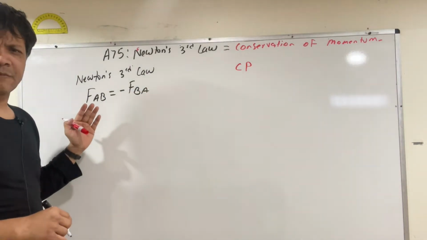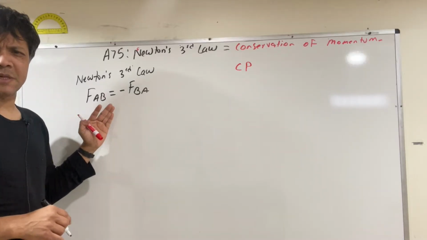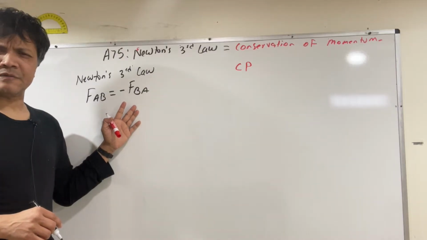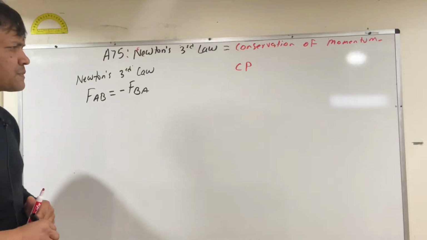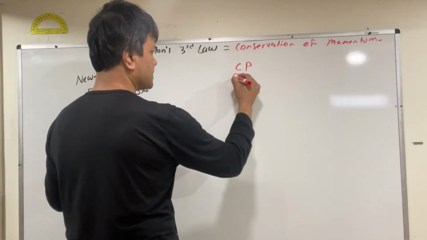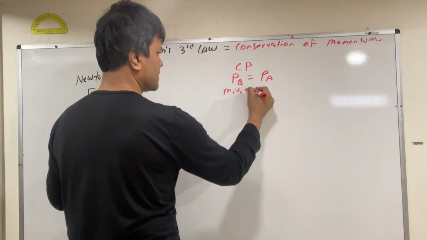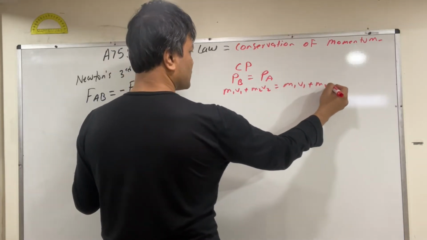The force acting on object A due to B is equal in magnitude to the force acting on B due to A, but opposite in direction. And this one also looks the same: momentum before is equal to momentum after, m1 v1 plus m2 v2 is equal to m1 v1' plus m2 v2'.